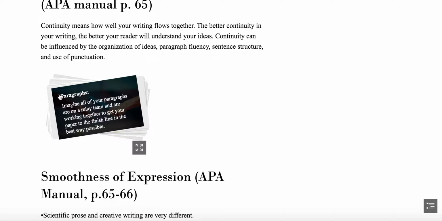What happens if someone drops the baton? Are they going to get the gold medal? No. You need to think of your paragraphs as these little runners, and one paragraph needs to pass the baton to the next paragraph, and it needs to be smooth and work together to get your paper to the finish line in the best way possible.